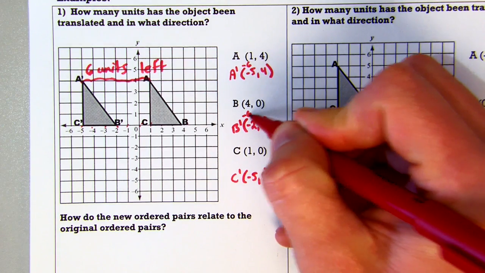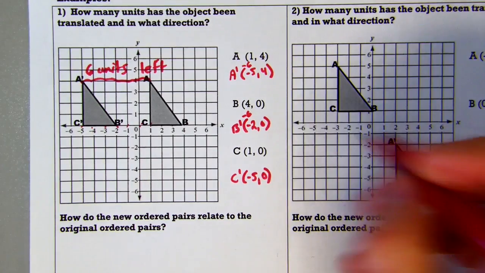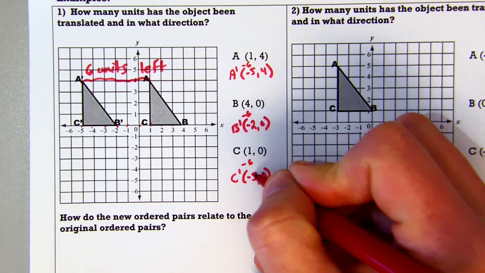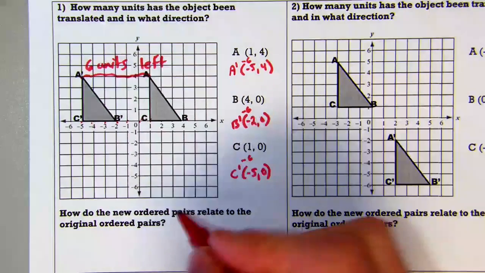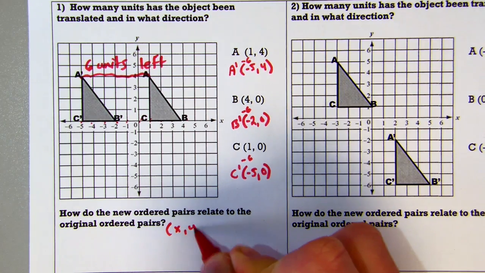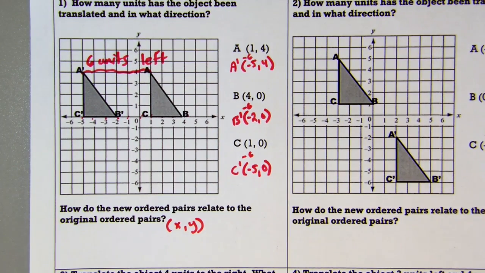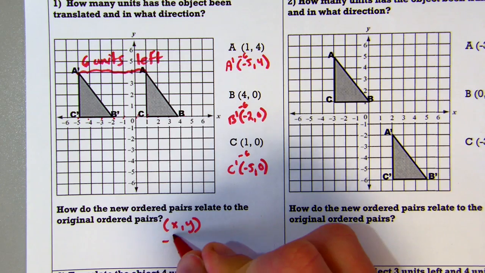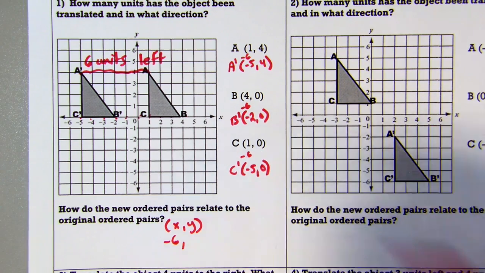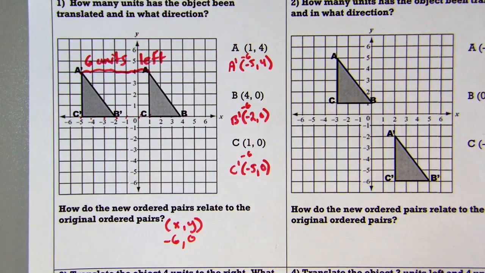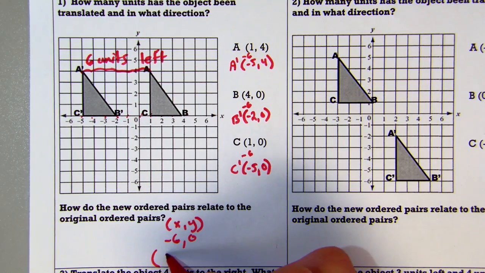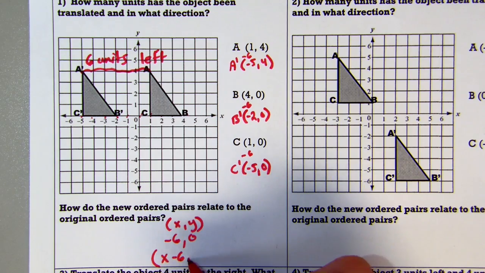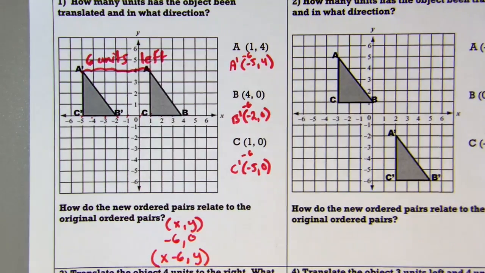So 4 minus 6 turns to minus 2, and then 1 minus 6 turns to minus 5. If we think about our original x and y coordinate, we know that our x goes minus 6 and that our y does not change at all. So our new ordered pair is going to be x minus 6, and then just y because it does not change.